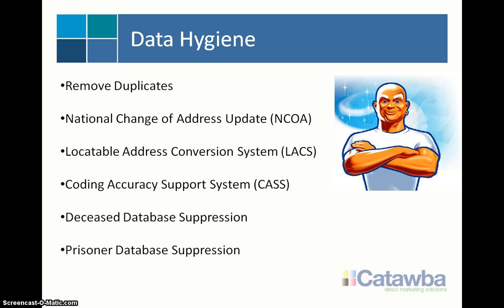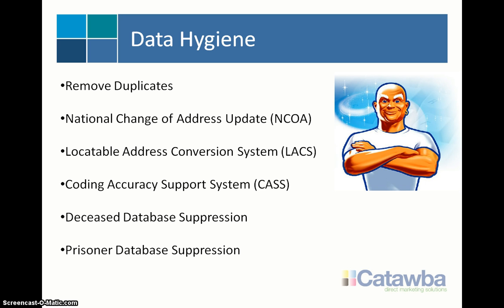It's a waste of production costs and postage, and it makes your company look a little sloppy as far as accurate mailings. Also, you'll want to run a national change of address update on your mailing list. So if anybody has moved since you've inputted them into your database, it'll actually update and correct the address so you're sending your direct marketing piece to the correct address.